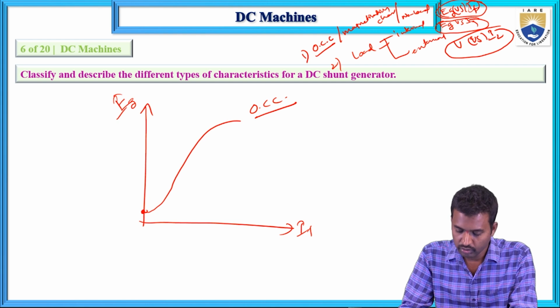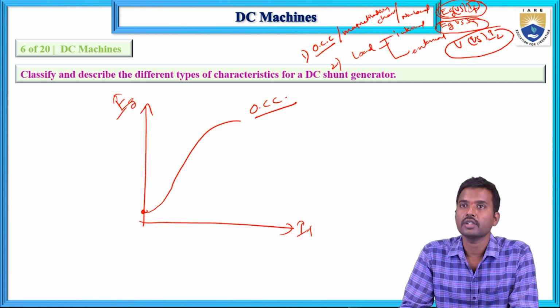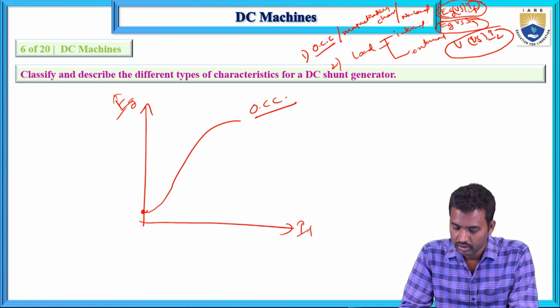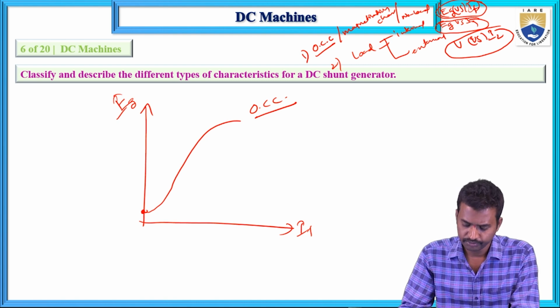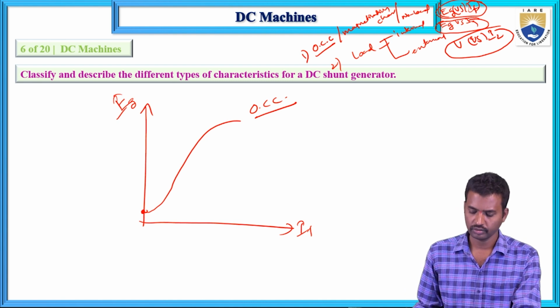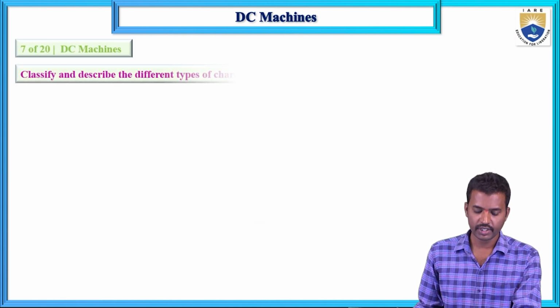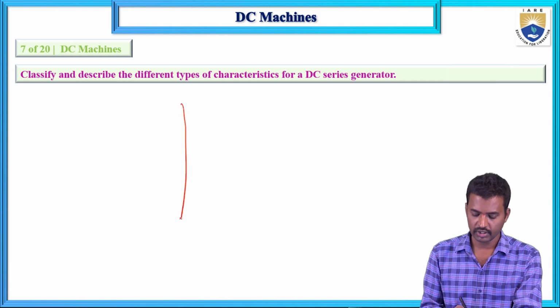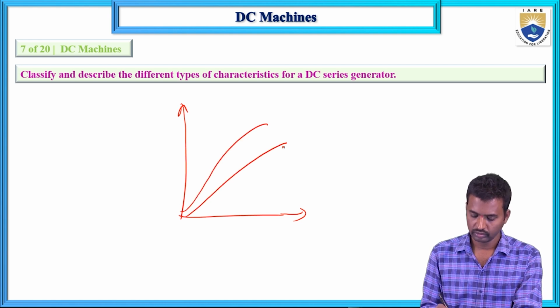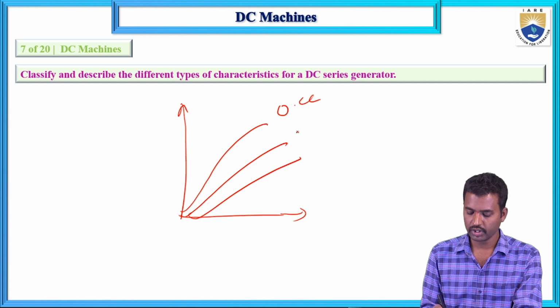The open circuit characteristics are the same for all generators. Now for series generators, this is for OCC, this is for internal, and this one is for external.